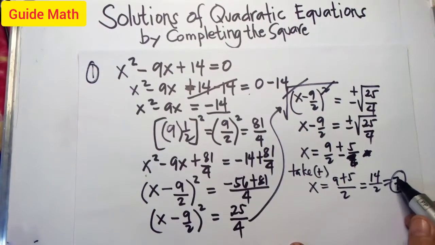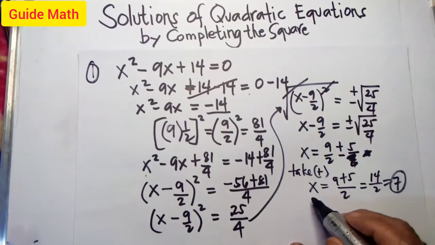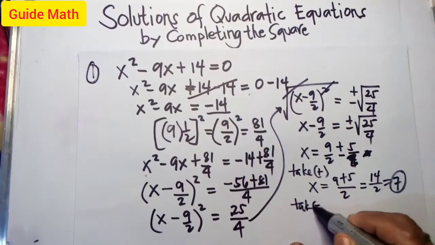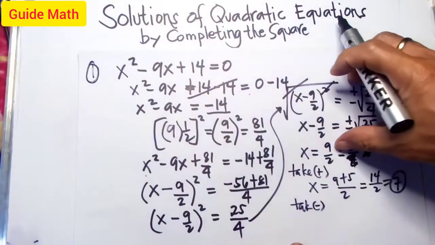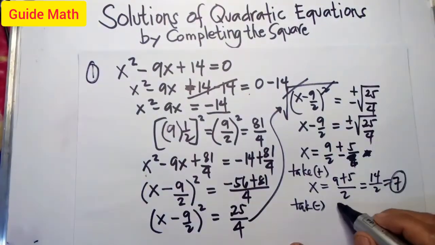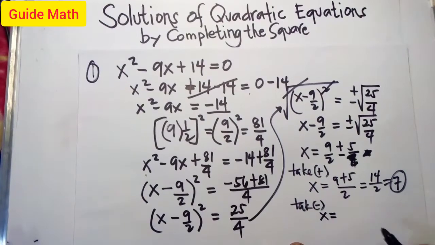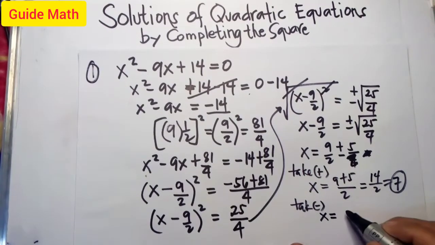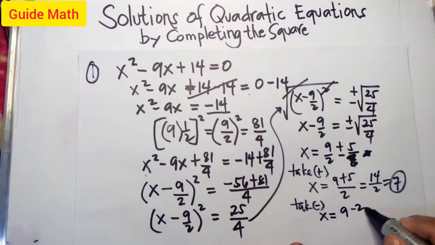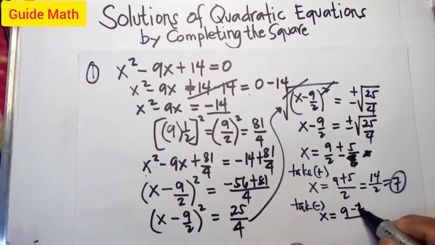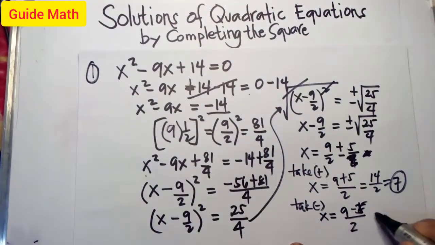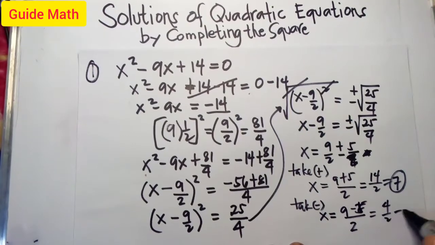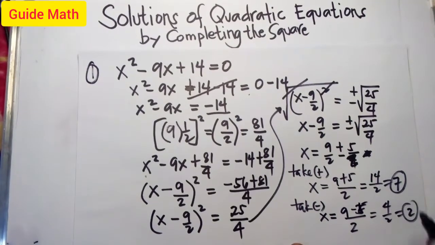So the first value is x equals 7. For the second value, we take the negative. So x is equal to 9 minus 5 over 2, which is 4 over 2, or simply equal to 2. So this is the second value of our x.